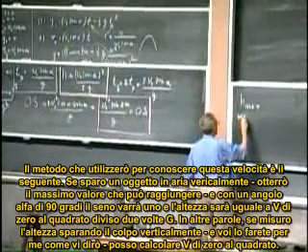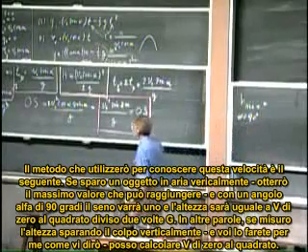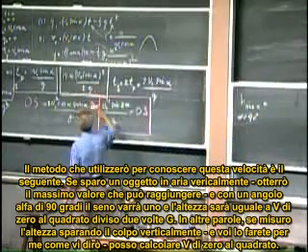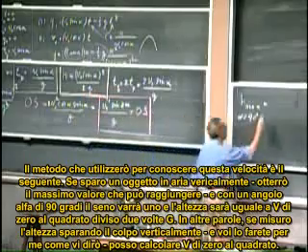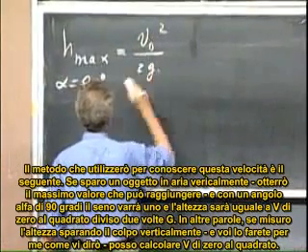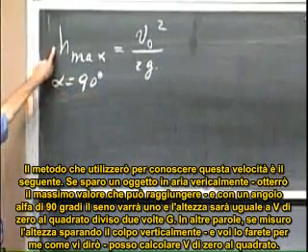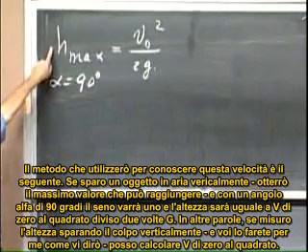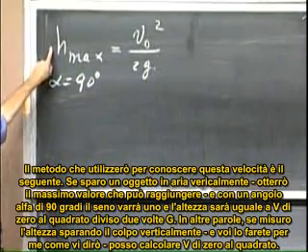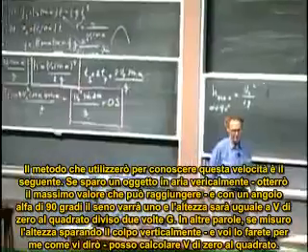So when alpha equals 90 degrees, then the sine of alpha is 1, then the height is v0 squared divided by 2g. In other words, if I measure the height, if I shoot it up vertically, and you can measure that for me, then we can calculate v0 squared.